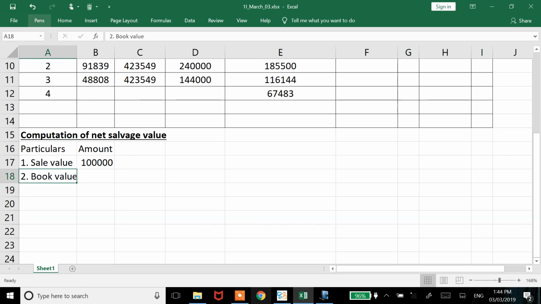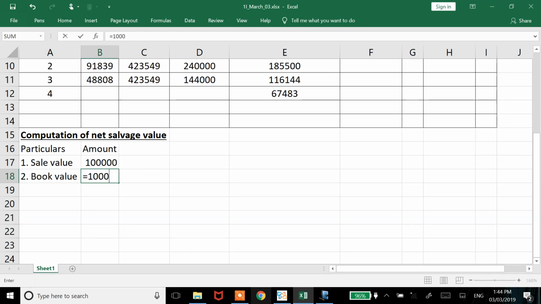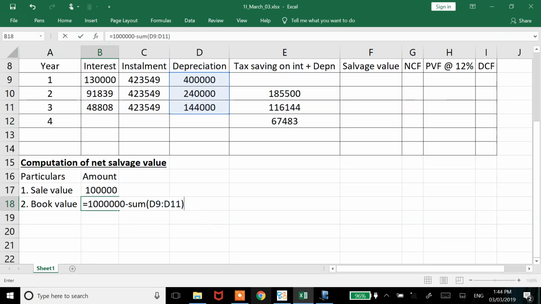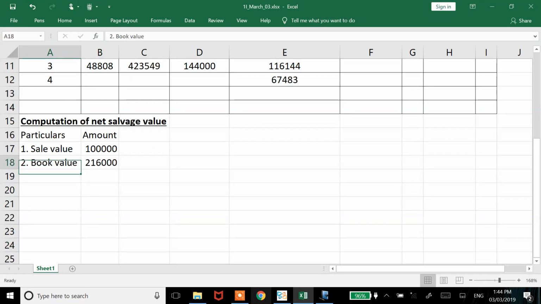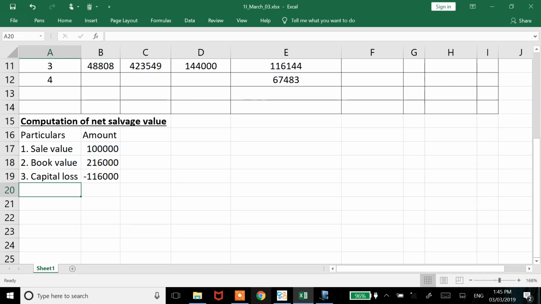Book value is $2,16,000, 10 lakh minus the depreciation for 3 years. Capital loss is 1,16,000.